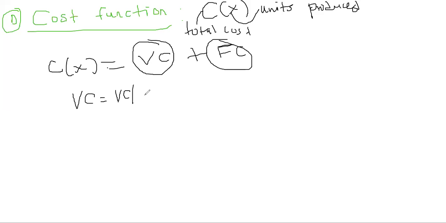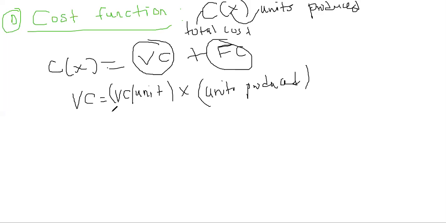That is, what is the cost of each unit that you produce, multiplied by units produced.